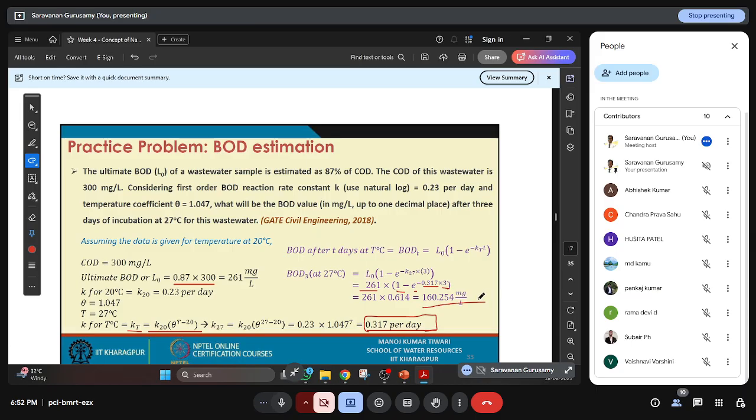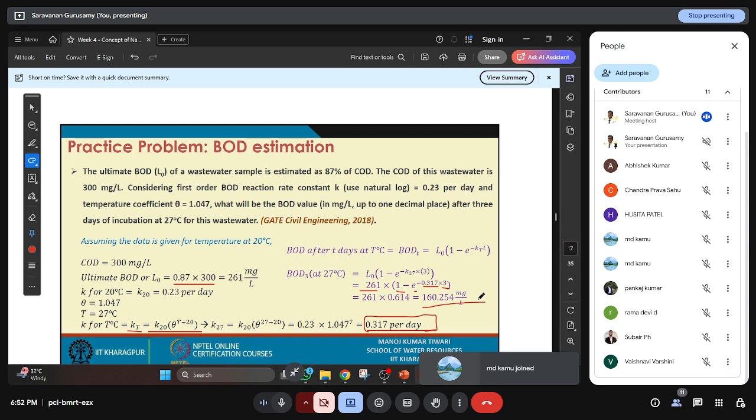At the third day, when I incubate at 27 degrees Celsius, this much BOD is exerted. You got it? Because I am putting it in the BOD incubator. So 160 milligram per liter was degraded.